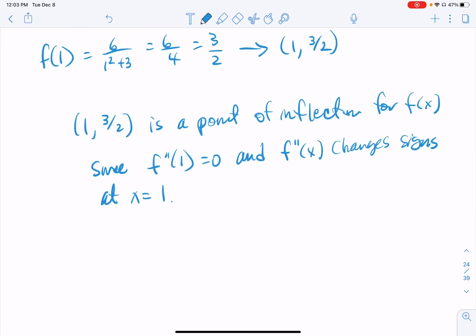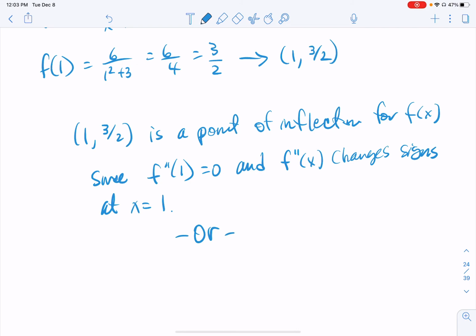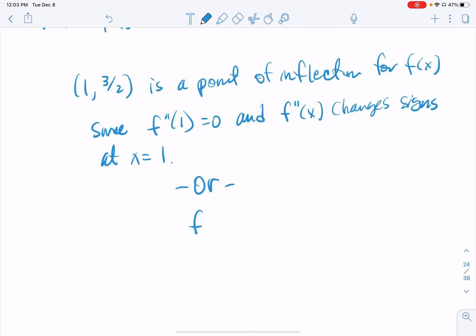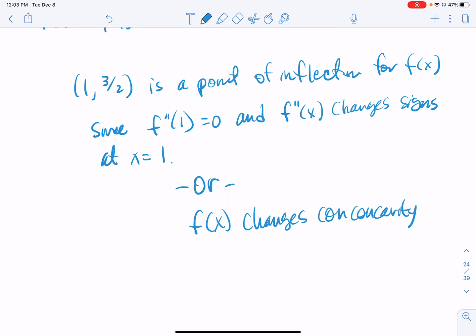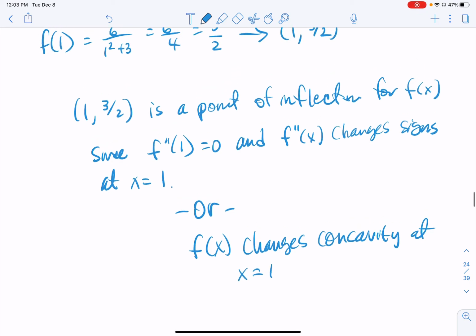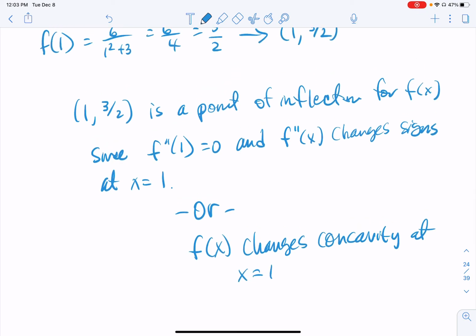Or I could say, or dot dot dot, f of x changes concavity. Concavity? Man, learn how to spell. Try that again. At x is equal to 1. I can justify it in those two ways.